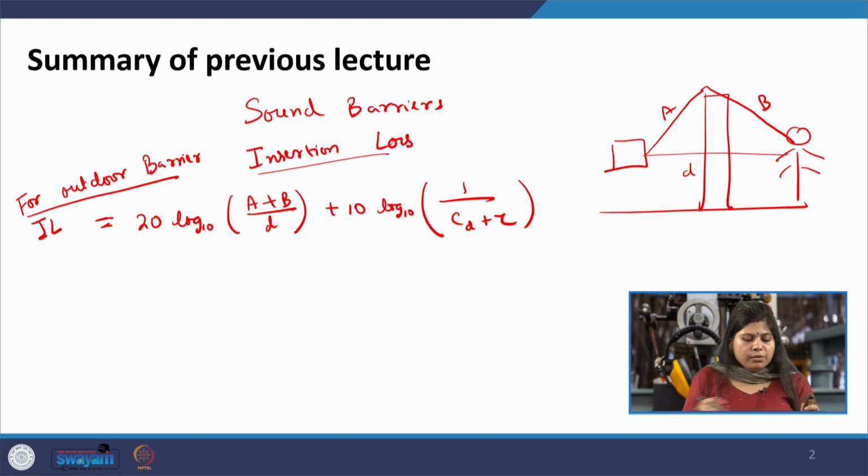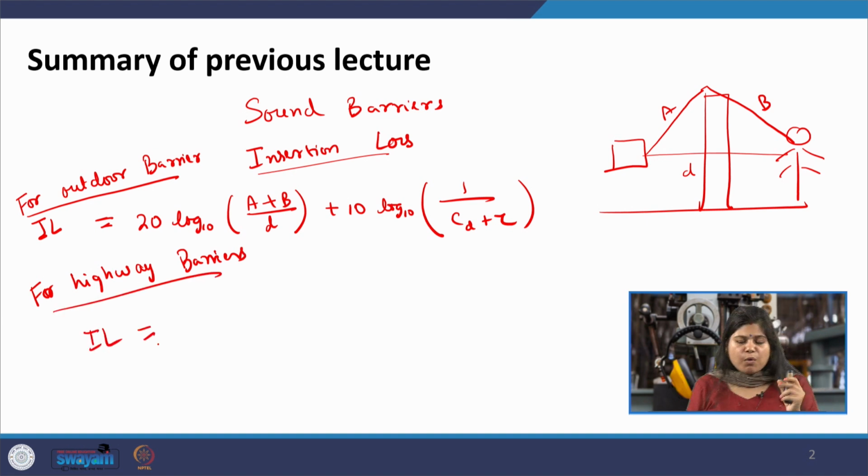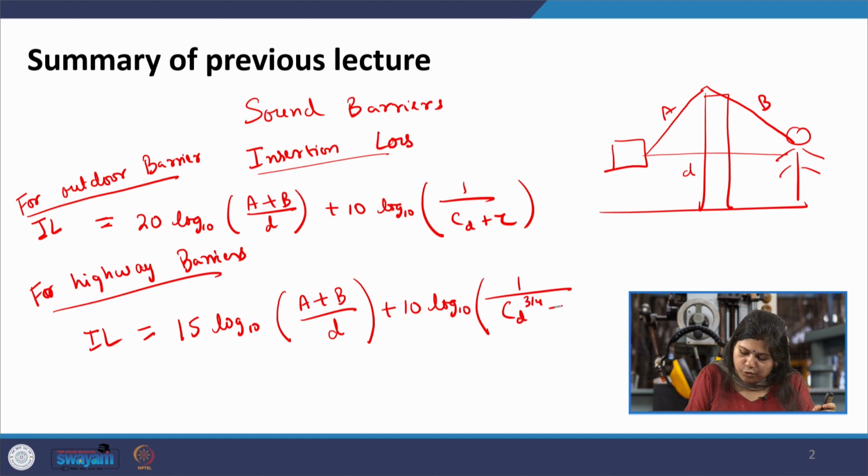For highway barriers, which is one of the common applications, the insertion loss had a small tweaking to suit the empirical measurements, and hence the tweaked formula just for the highway barriers was this: 15 log 10 of (A plus B) by D plus 10 log 10 of 1 upon (CD to the power 3 by 4 plus tau), where CD is the diffraction coefficient due to the barrier.